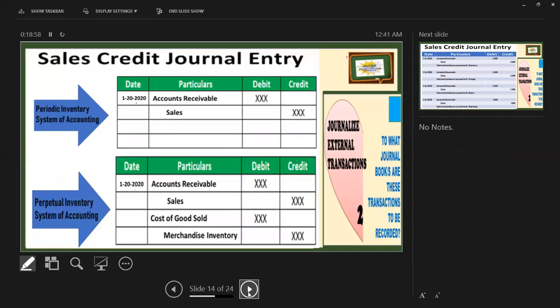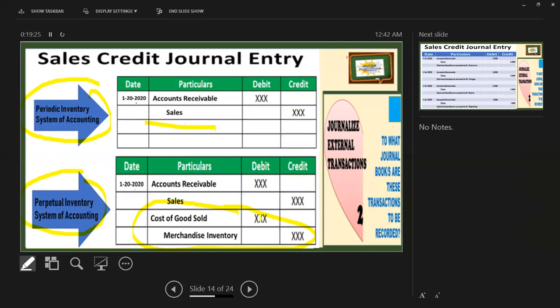So the next, this will be the sales credit journal entry using periodic system, and this one using perpetual inventory system. So it's simpler with periodic because you only record the sales transaction. In perpetual, you have to record the inventory transaction or the cost of goods sold.